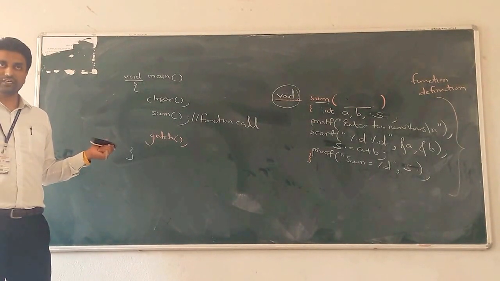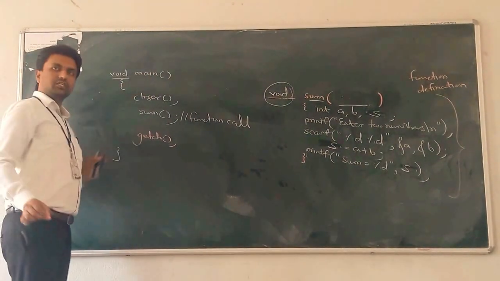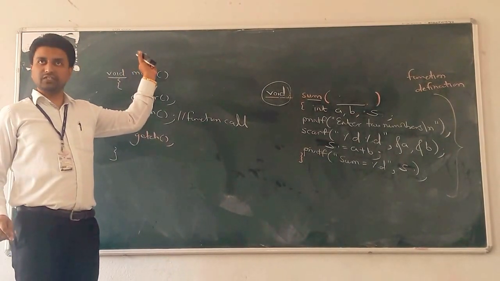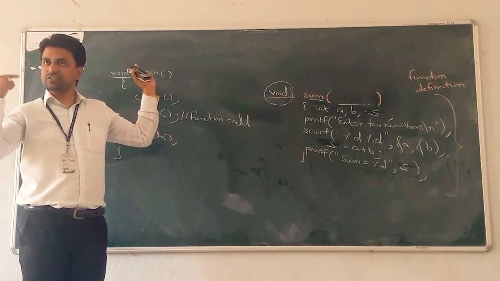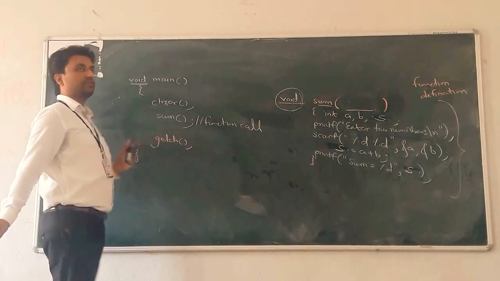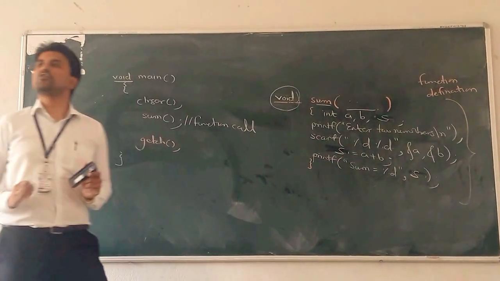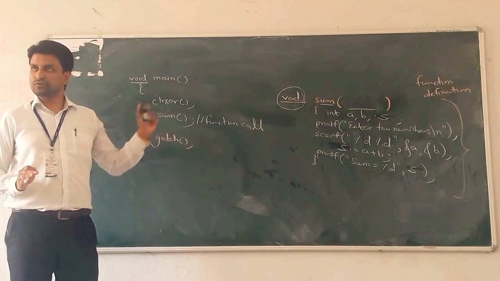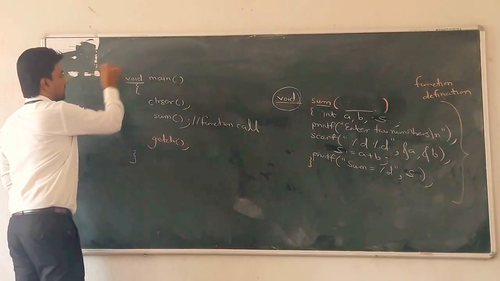And where to write the function declaration? You have to write the function declaration inside the main function or outside the main function. If you write the declaration, also called the function prototype, outside the main function, then that declaration is global. What is the meaning of local and global, we will study later on. First, what does function declaration mean?